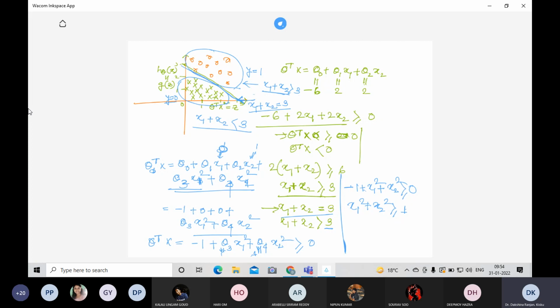That means initially they were found as class level 1, but after adding a new data point, the orientation and shape of the decision boundary may change, and accordingly some data points which were labeled as 1 may now be labeled as y equals 0. So there will be some change in the class level of some data points.